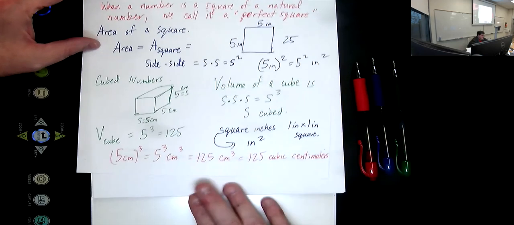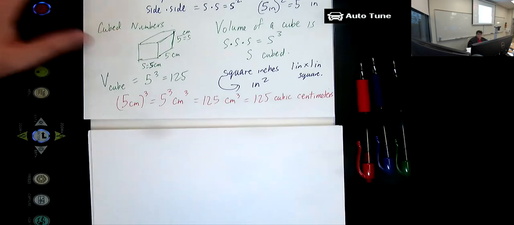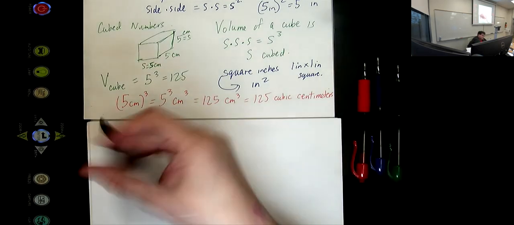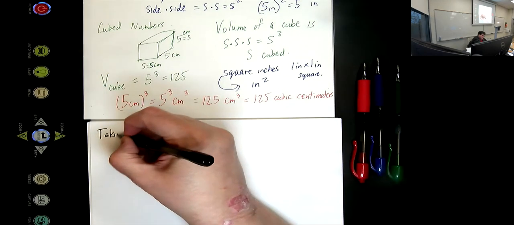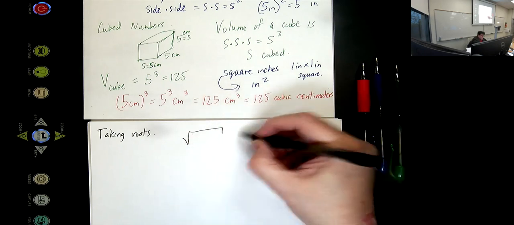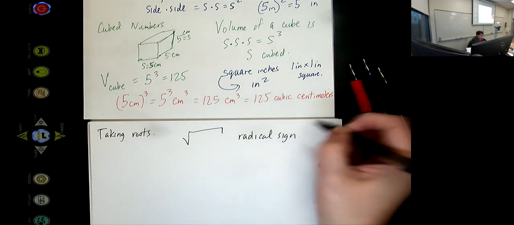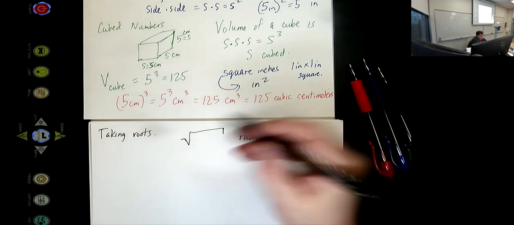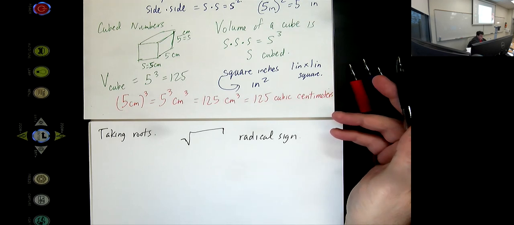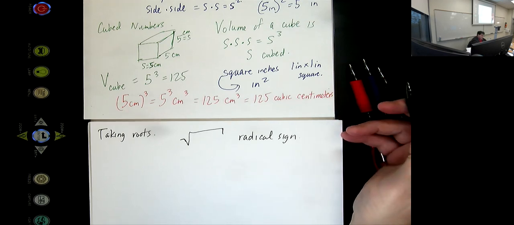Now, going the other way, taking the square root. So taking roots. This symbol here is called the radical sign. And rather than trying to put it into words, I'm just going to show you.